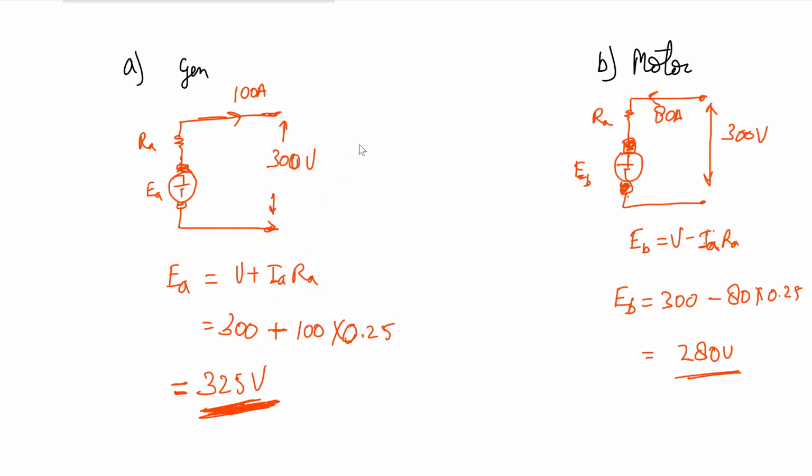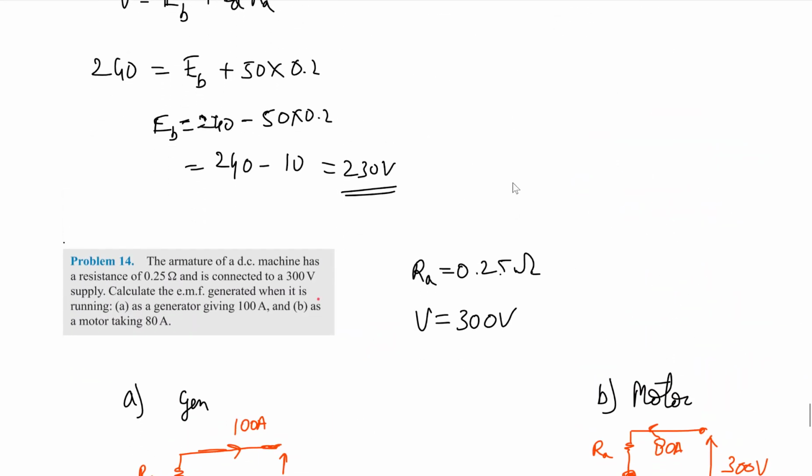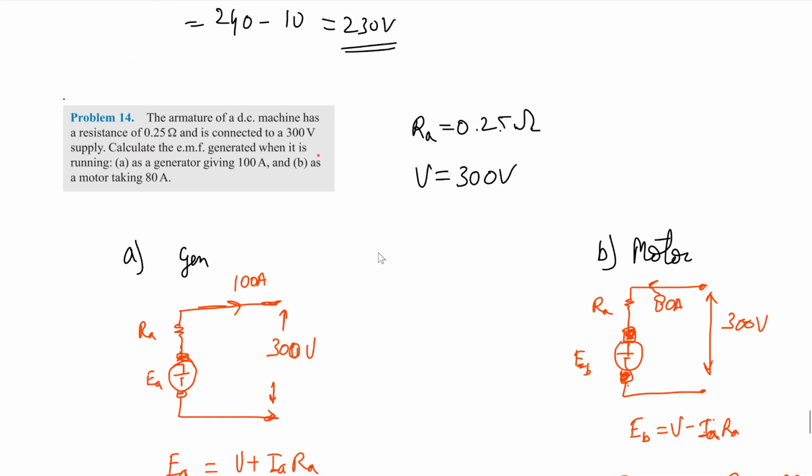So this is operating as a generator and this is operating as a motor. A DC machine, the same machine, can operate as a motor as well as a generator. It depends on the direction of current. When the current is flowing into the armature, it is acting like a motor.